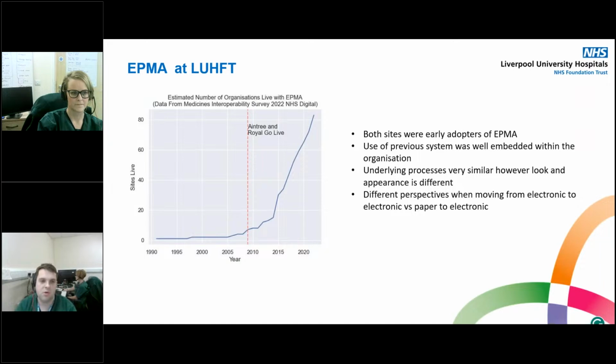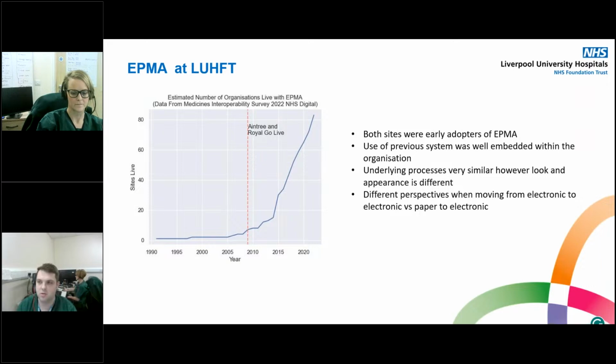One of the things I wanted to touch on is that because we went live so early in 2009 and were on that system for so long, it was really ingrained within our trust. People were so used to that system that although when we upgraded it went from a Windows client-based application to a web-based one, a lot of the underlying functionality was exactly the same.